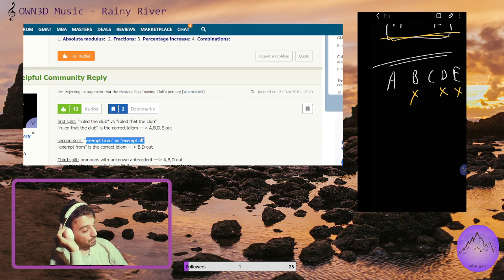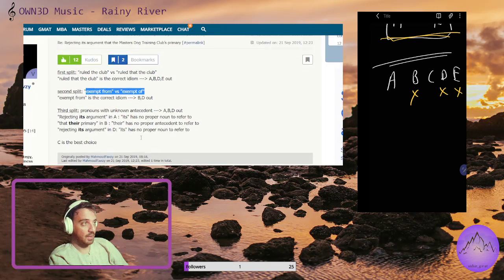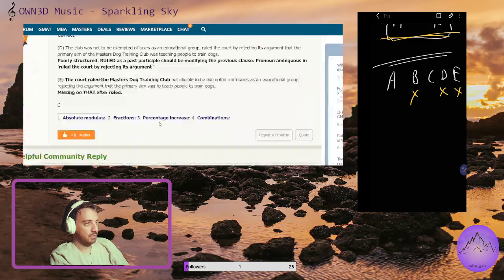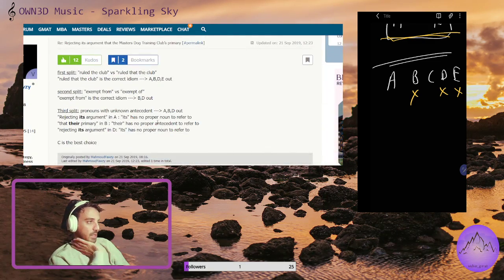So this person is basically breaking it up into how the answers were split and which side of the split was correct versus not. And the second one is one I picked up on. Exempt from is the correct idiom. So B and D were out. And yep, that's fine, that's why I ruled those out.